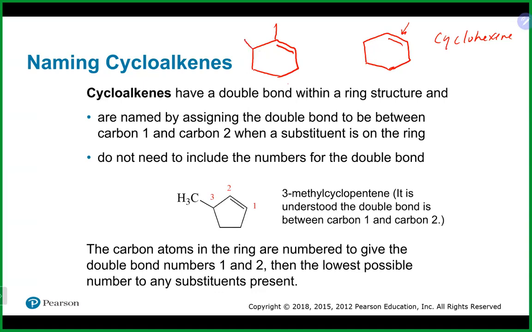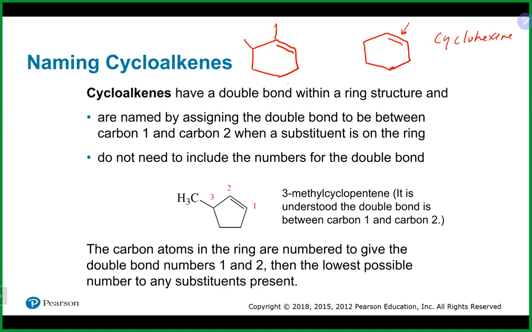All right, so in this case, this would still be cyclohexene, as the ring structure is the main thing. We actually have 2 methyl groups in this case, and we do need to number the methyl groups. So when we have a double bond in a ring structure, you do have to actually number through the double bond.